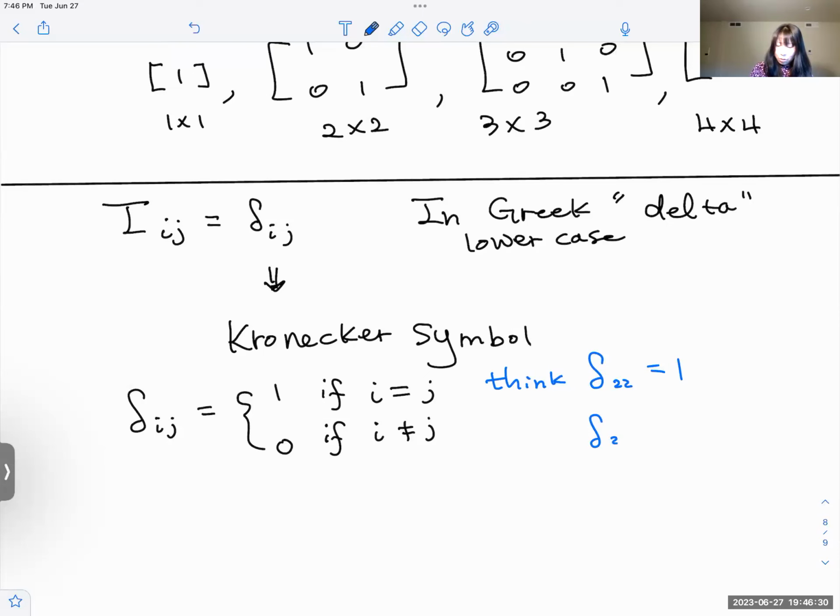Delta 2, 3 is 0, right? Because in the first case i equals j, and in that case i is not equal to j. Okay, now let us do this one. Inverse.